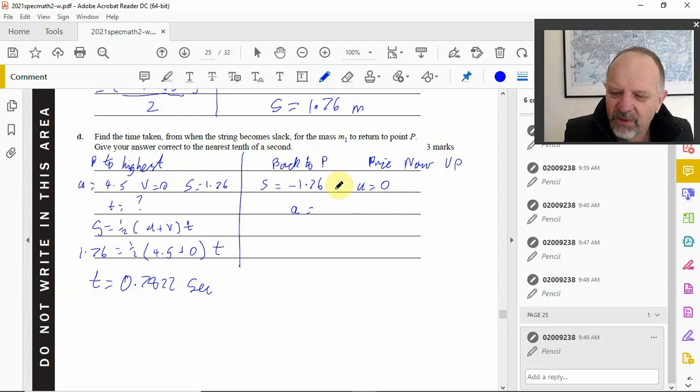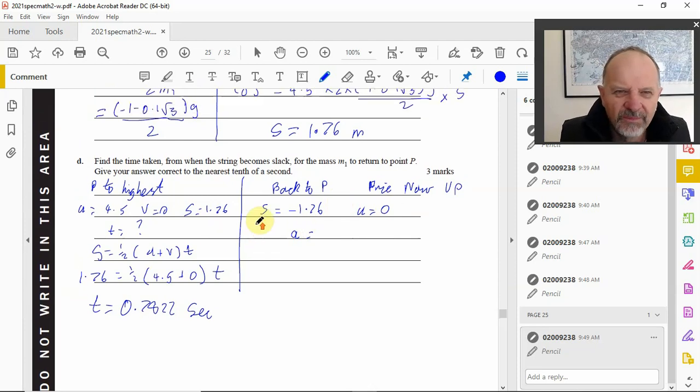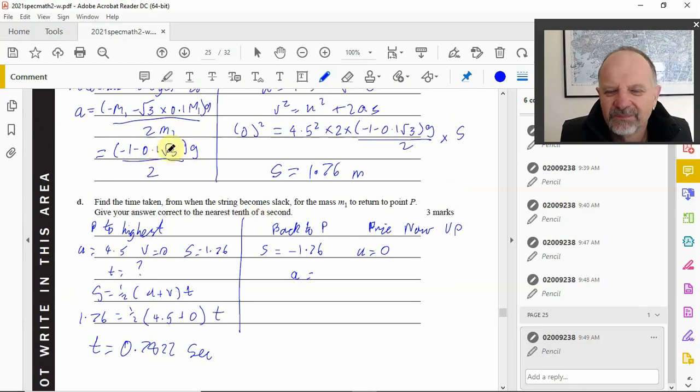When we look at that acceleration that we had before, we had a plus, so that was the friction component. But now the friction's up the plane, so all we need to do is change this negative here into a positive.